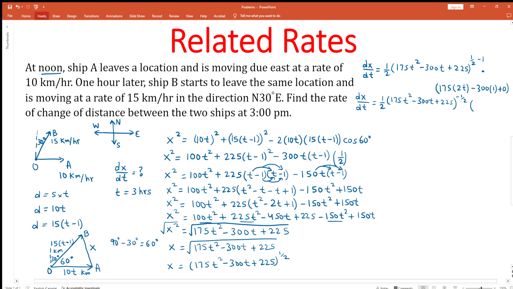In the second parentheses, 175 times 2 is equal to 350, and 300 times 1 is 300. The 0 goes away. We have to find dx over dt at 3 p.m. So we should sub in t as 3 in this equation for dx over dt.